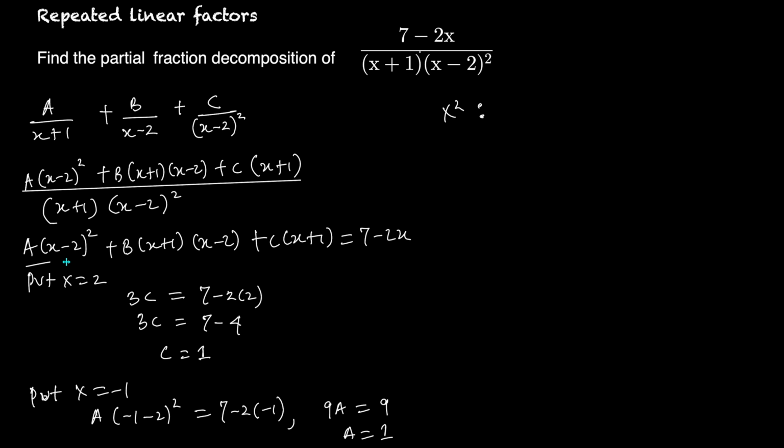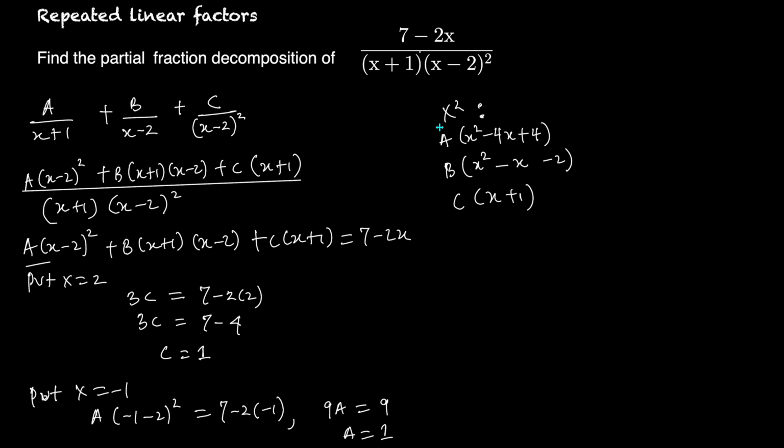You can expand this, taking the parts that have to do with B alone. For instance, we have A times (x squared minus 4x plus 4), and for B, we have B times (x squared minus x minus 2), and for C, we have C times (x plus 1).